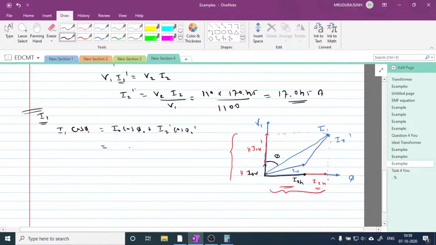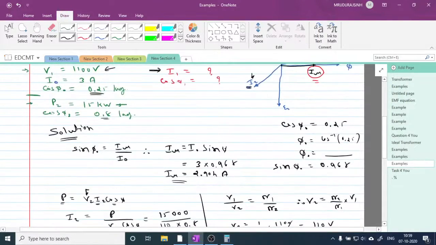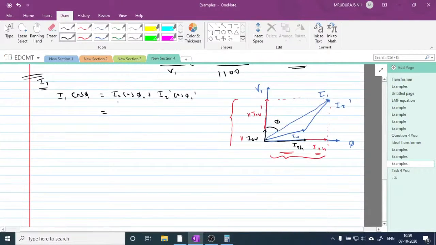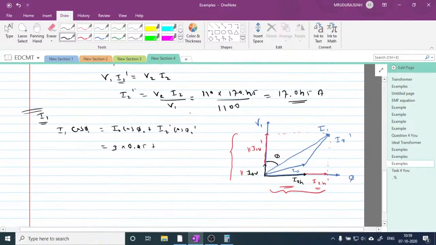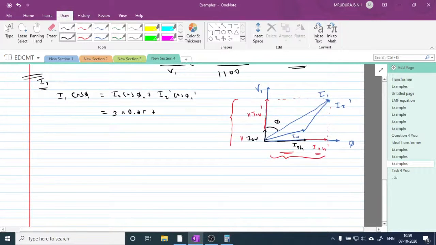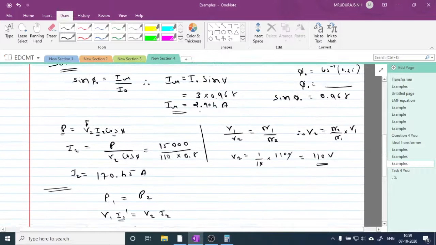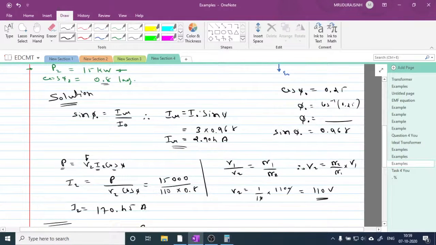I0 is 3 ampere, and cos phi 0 is initially given to us as 0.25. I2 dash we have just calculated, that is 17.045, let's take it as 17.04, and cos phi 2 dash is 0.8, it's given over here, right?